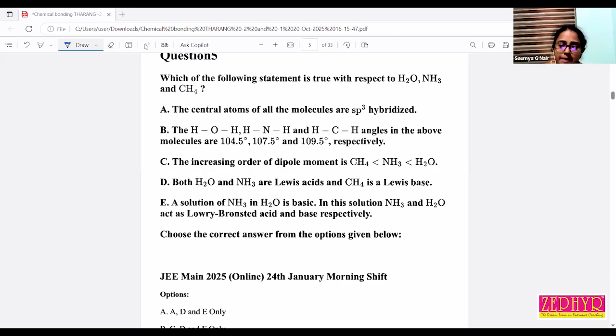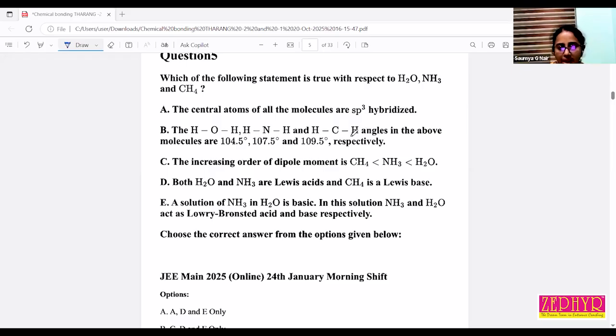Which of the following statements is true with respect to H2O, ammonia and CH4? A. The central atom of all the molecules is sp3 hybridized.